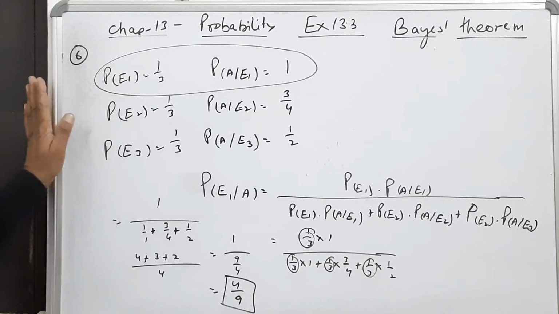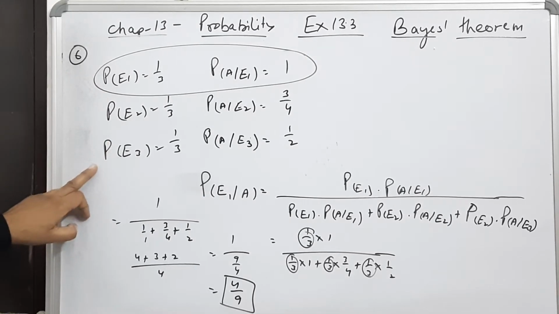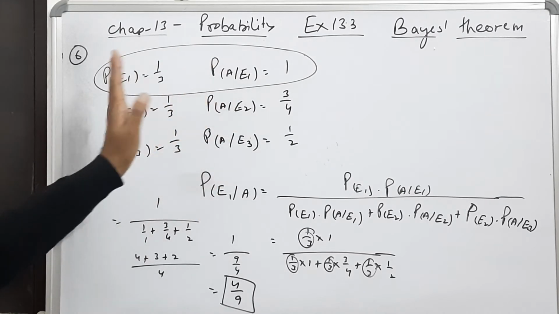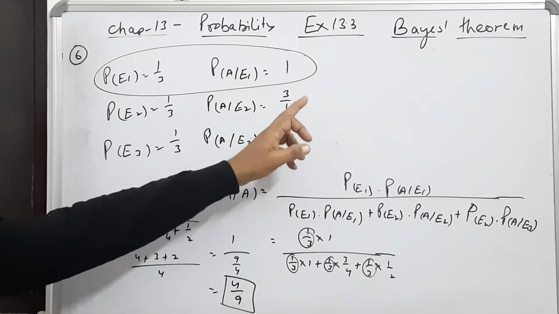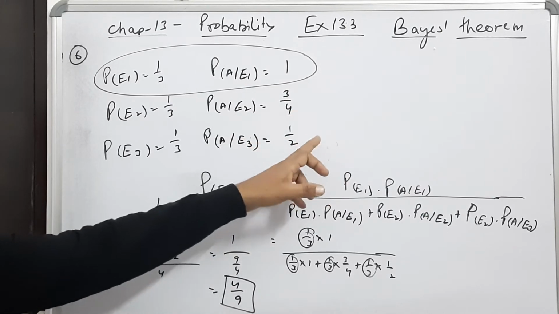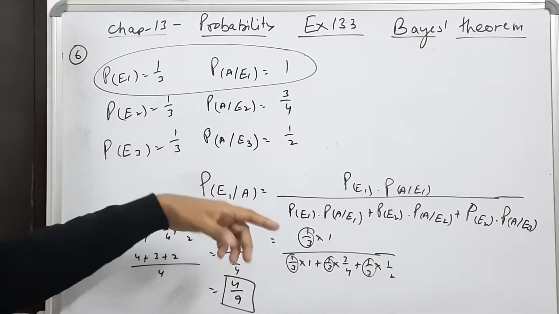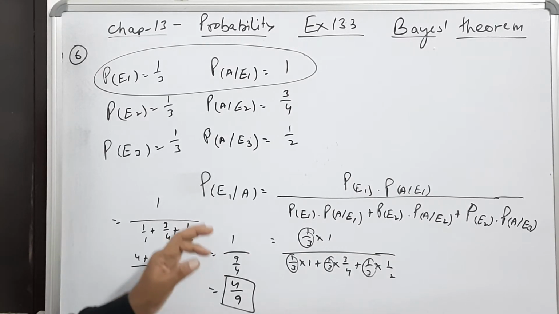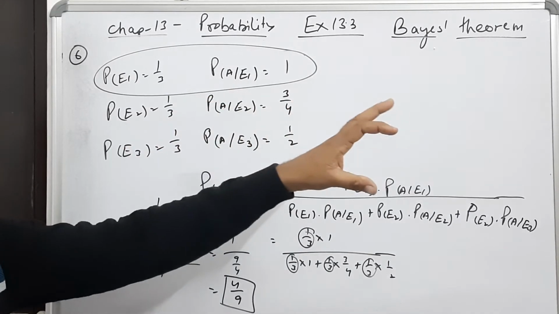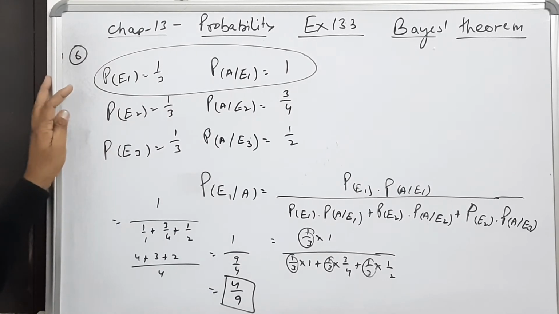This is the basic principle of the Bayes theorem. There are three coins. Probability of getting head in all these three coins are different. It is given here two-headed, 75% and unbiased. Unbiased means the probability of getting head is 1 by 2 and probability of getting tail is also 1 by 2. We have already got the head, we have to find out that the first coin was selected.